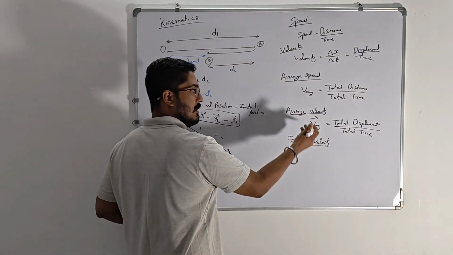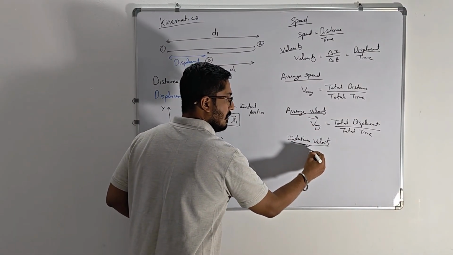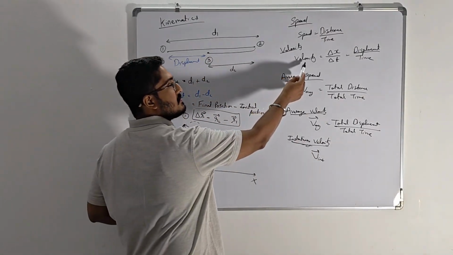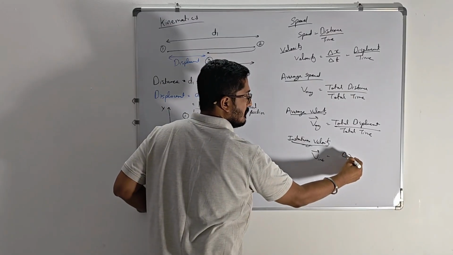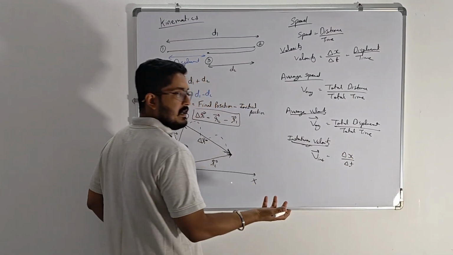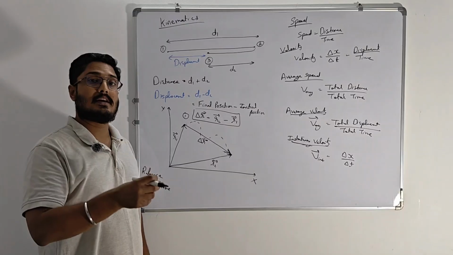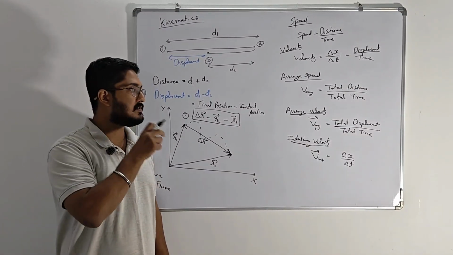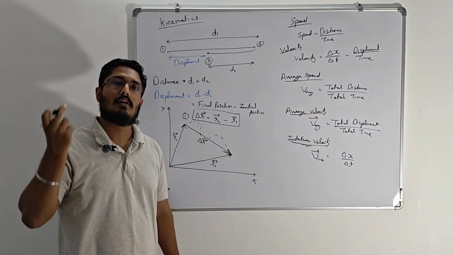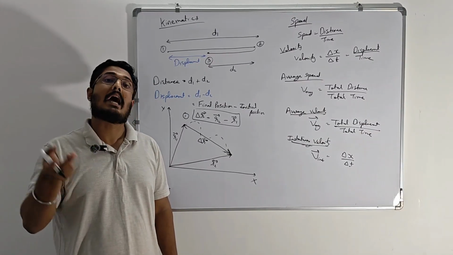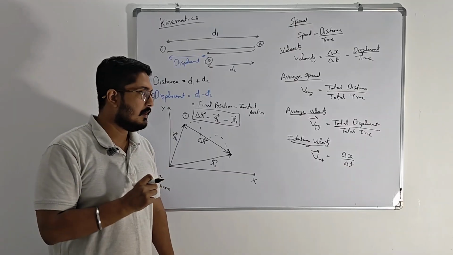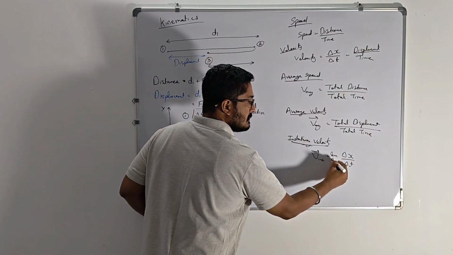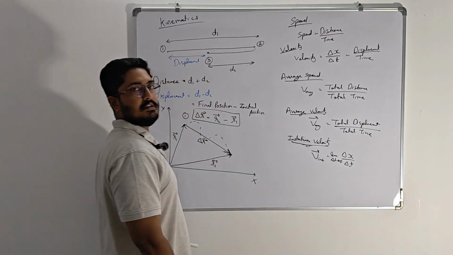Now what's the meaning of this instantaneous velocity? It is the same velocity but measured for a very small duration of time. So velocity's general definition is delta x by delta t. This is the meaning of velocity, right? But this time I'm saying instantaneous. That means the time interval in which I'm measuring this velocity is very small. Imagine like 1 microsecond and lesser than that. So I'm talking about a delta t such that the limit of delta t tends to 0.